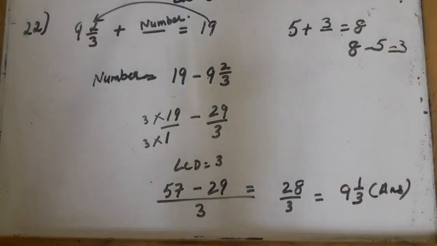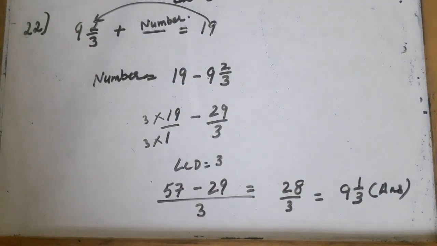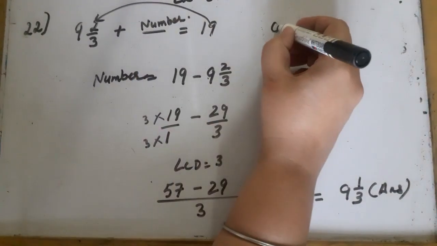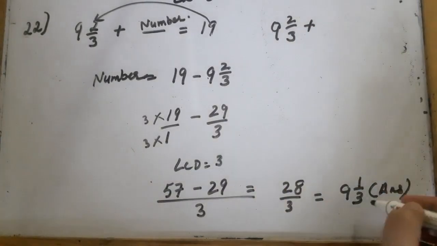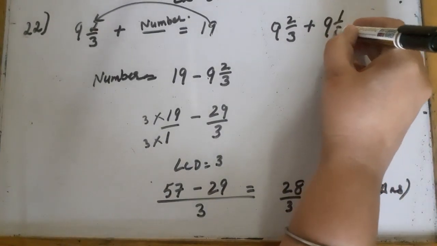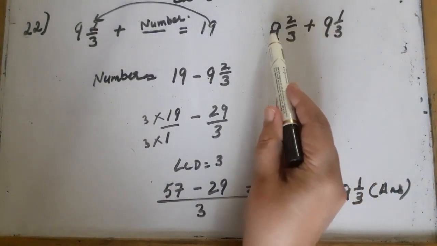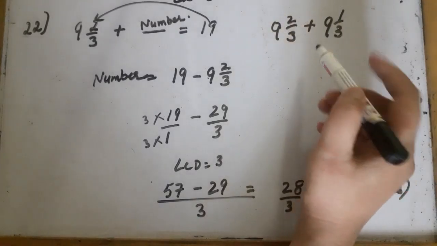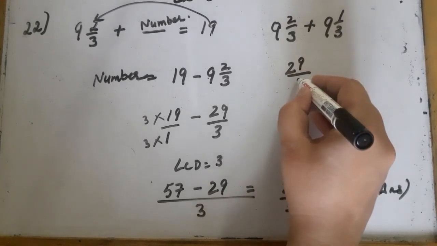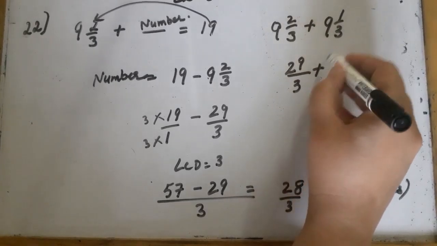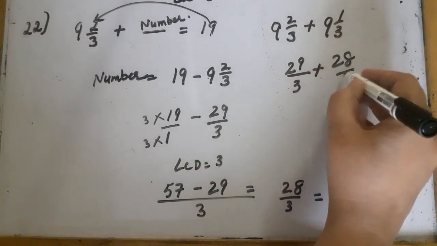Now you can always check also. They are saying what should I add to 9 2/3. The number I have found is 9 1/3. Now let's check. 9 3s are 27 and 2 is 29 upon 3, and this is 28 upon 3.